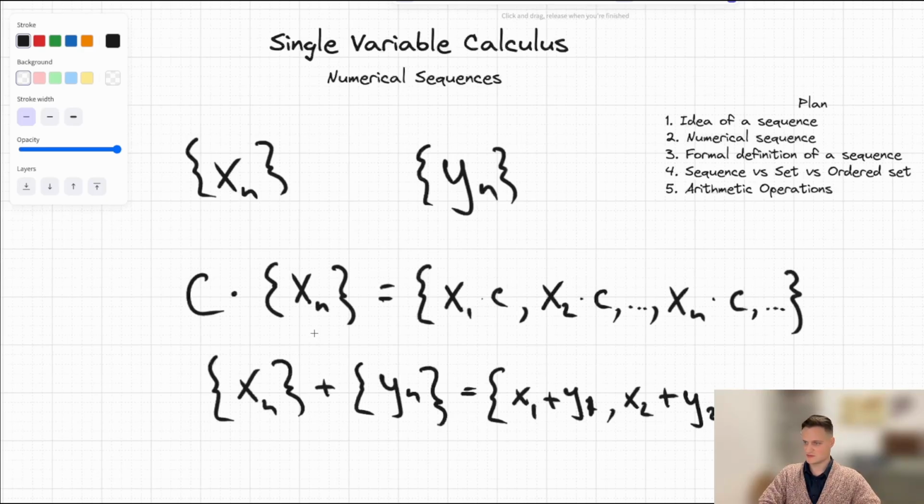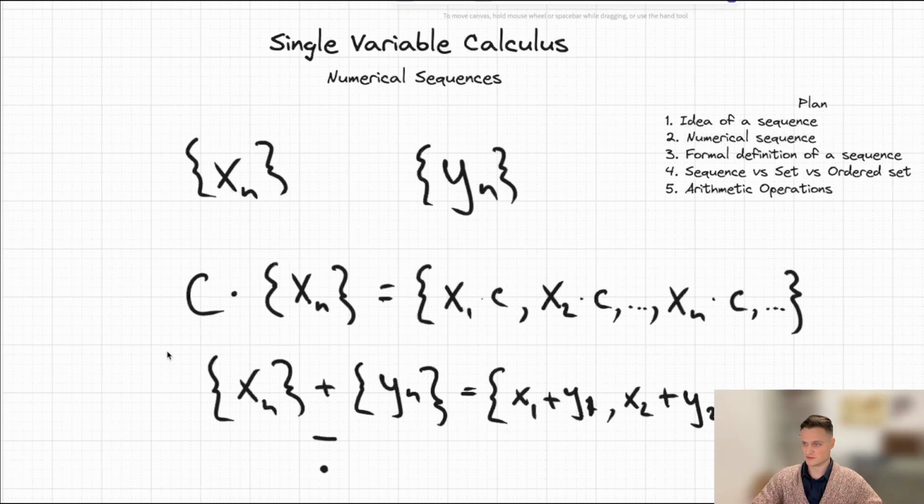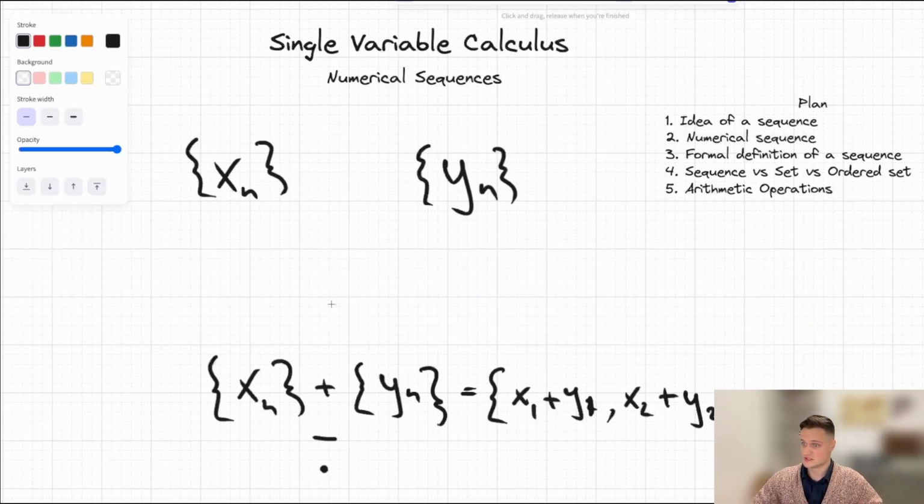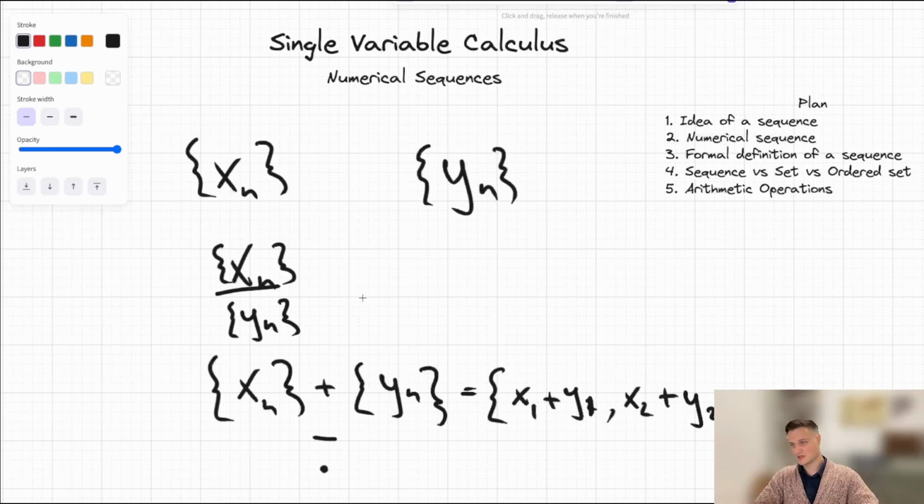The definition may be the same for subtraction and multiplication. An interesting one will be for the division, and of course you may probably have already guessed what may be wrong with the division, so I will give you the hint. This is related to the division by 0. So we can also define this construction, xn divided by yn, so sequence divided by sequence, and this is allowed only in case none of the yn is equal to 0.